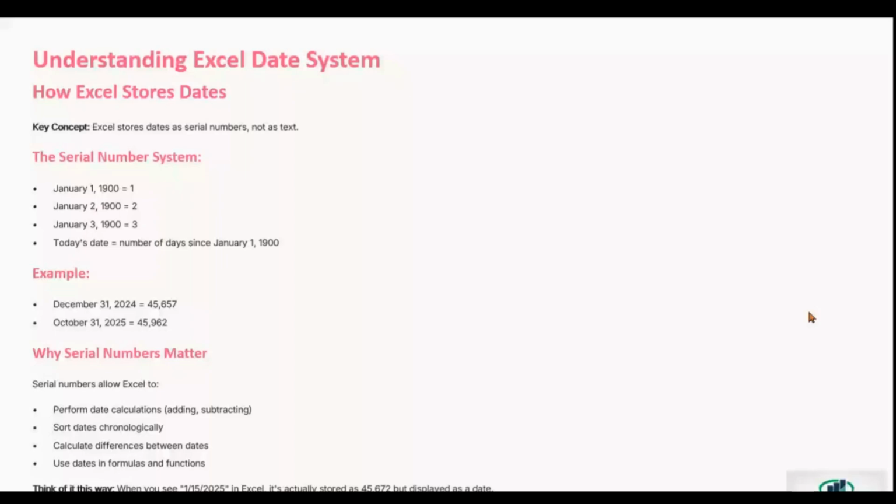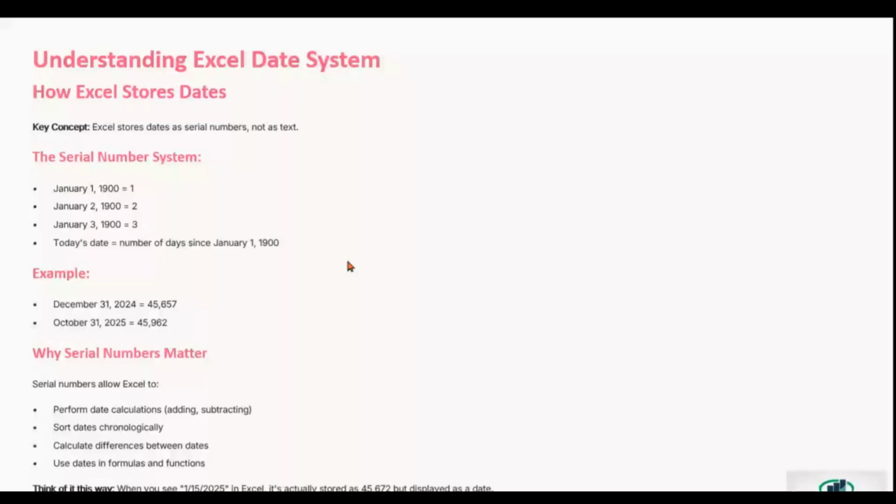And the serial number in Excel started on January 1, 1900, which means that the first day recognized in Excel as a date is January 1, 1900, which is 1. So January 2 is 2, January 3 is 3, and up to today. So up to today, each day that we have in Excel has its own number. That is what the serial number means in Excel.